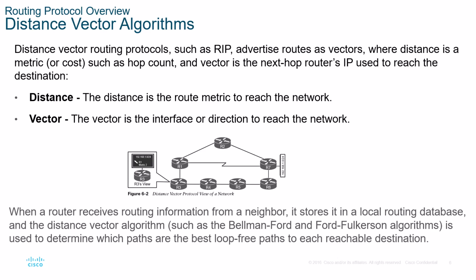So if we're trying to figure out the best path when we're looking at RIP, they're using the metric hop count, and the path will be the next hop router to the destination. So we need to understand these two terms. Distance: the distance is the route metric to reach the network. Vector is the interface or direction of each network.